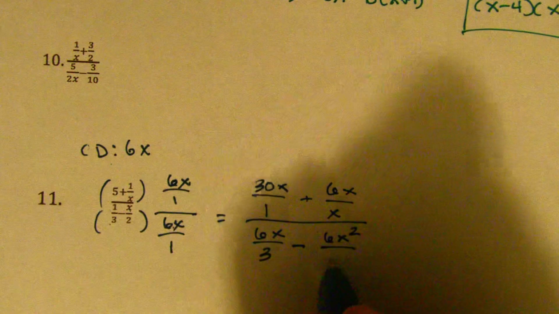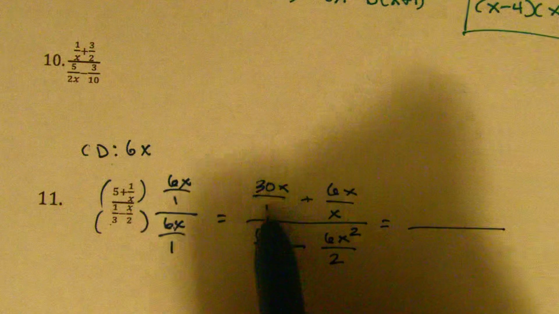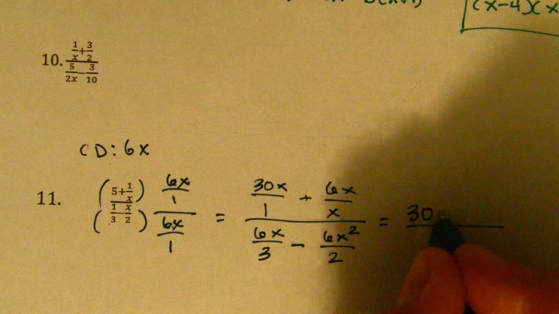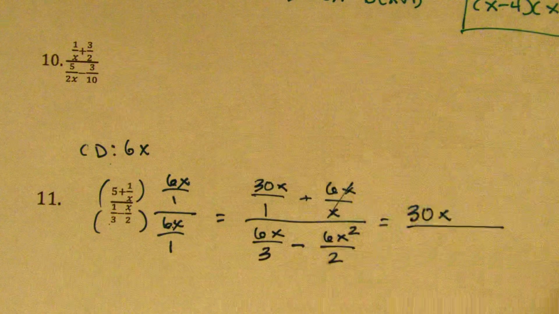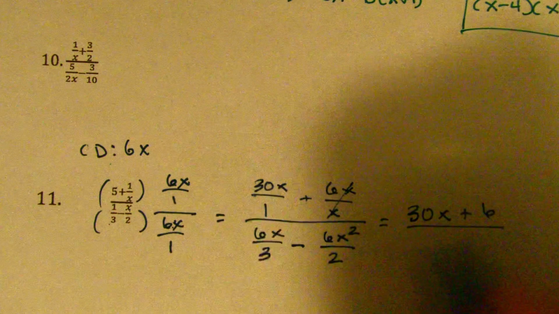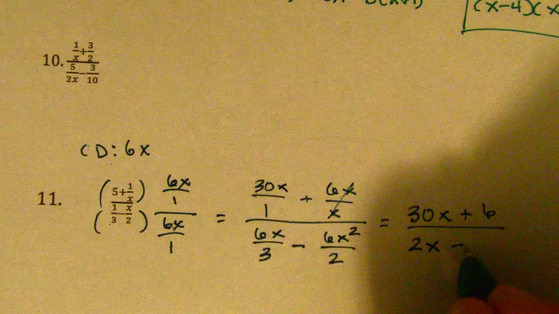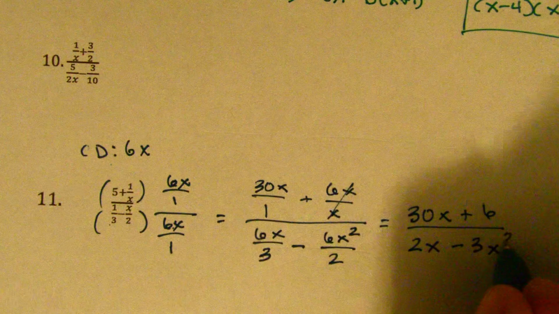And 1 times 2 is 2. Each of those reduce. 30x over 1 is just 30x. The x's cancel, and I have plus 6. On bottom, 6x over 3 is 2x, and 6x squared over 2 reduces to 3x squared.